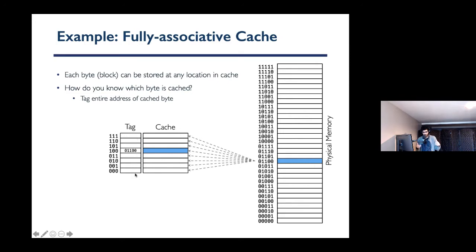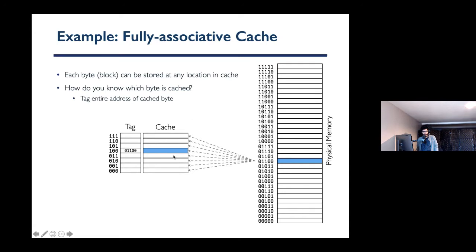So this should give you an idea. There is a huge cost with fully associative caches, because you have to check all cache locations and you have to actually have a bigger tag. However, it's more flexible. So each memory block could be anywhere. And this is good. This is flexibility.